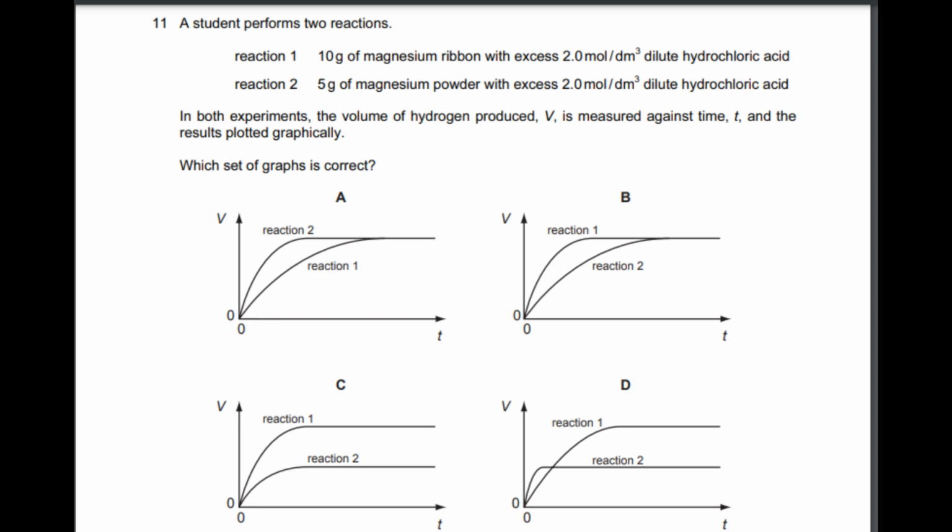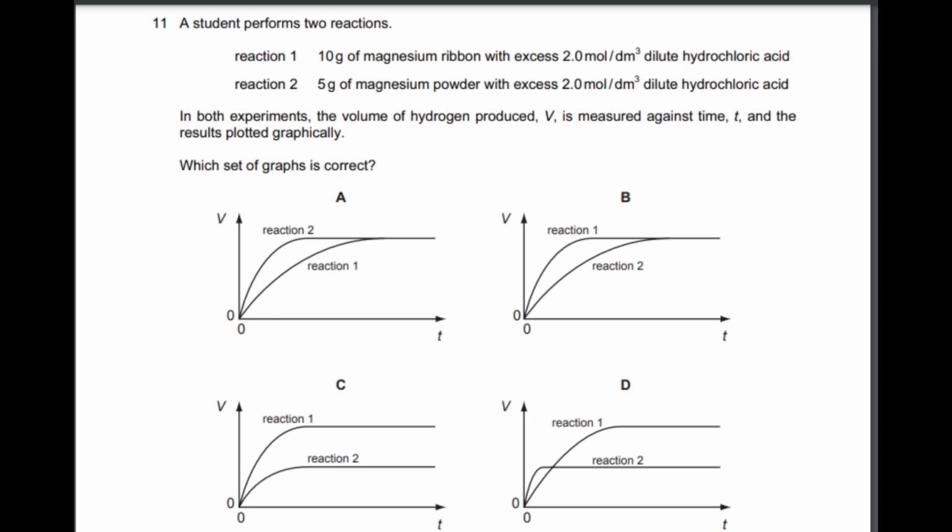As I have discussed while reading the question, in the first reaction 10 gram of magnesium is used, but in the ribbon form. So more product will be formed as compared to reaction 2, but it will form slower. So you have to look for that. In Alpha, reaction 2 is faster, but reaction 1 is slower, and the product formed is the same. So that is not the answer, because the product should be half.